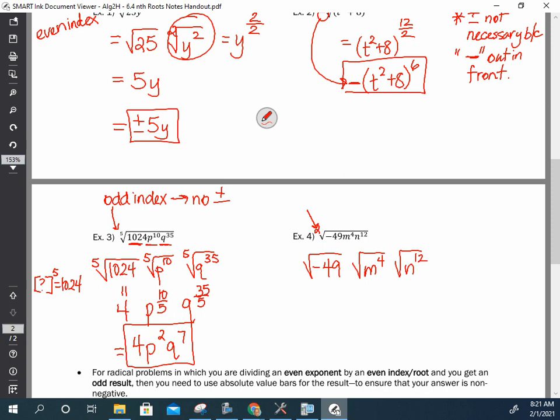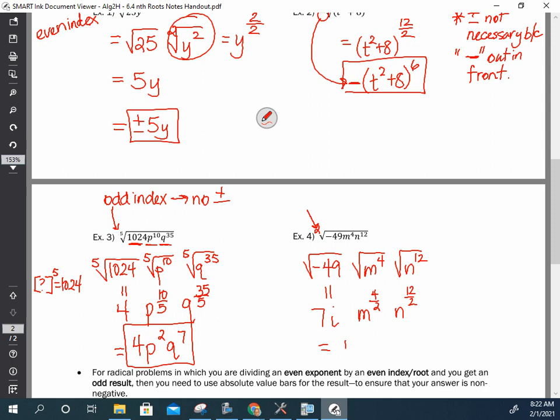So this particular example is simply to remind you that if you take the square root of a negative number, i's are still in effect. So you still get i as part of your answer. Square root of negative 49 is 7i. M to the 4th, so that's 4 divided by 2, n 12 divided by 2.